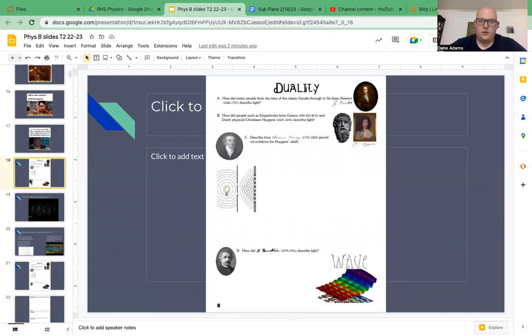One more thing I wanted to show you. This bizarre world of light, as we've seen, light is unlike anything we've ever dealt with before. In our experience, things are either particles or waves, but for unknown reasons, light can somehow act like both.